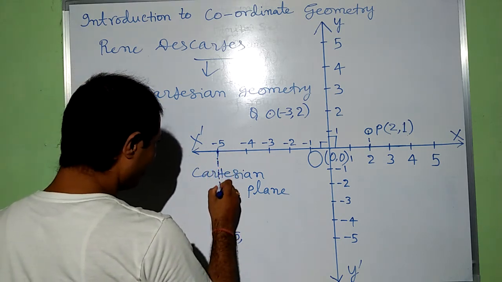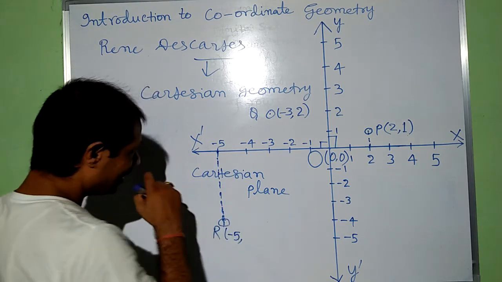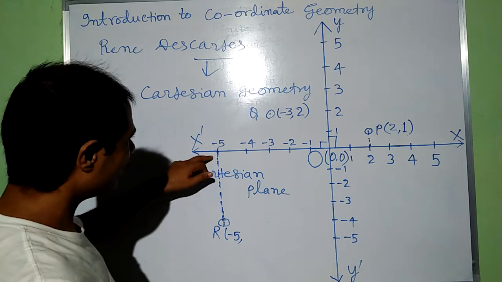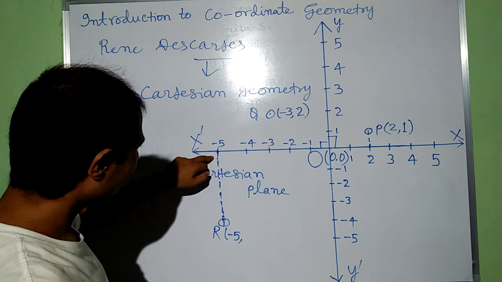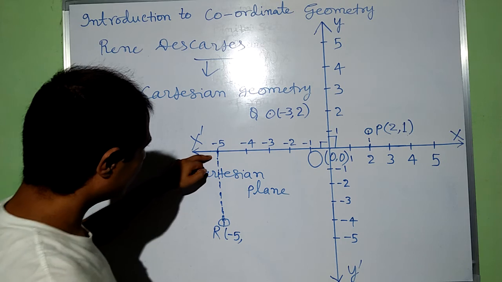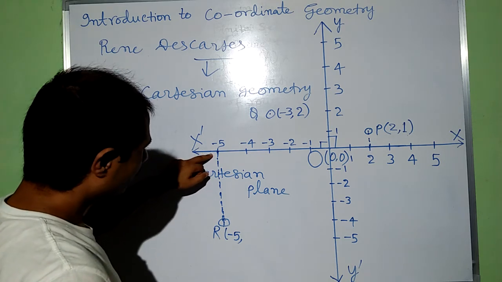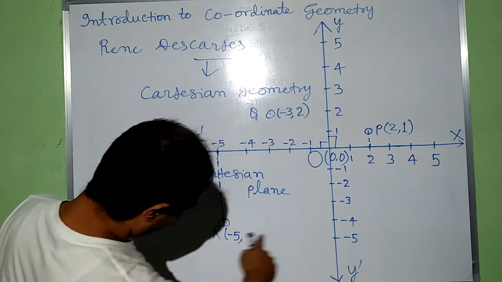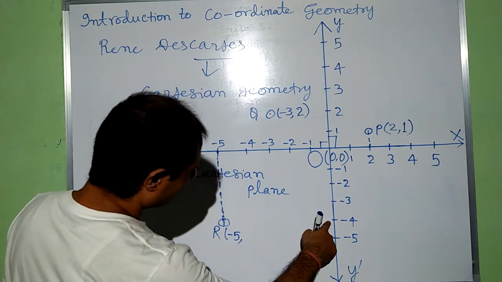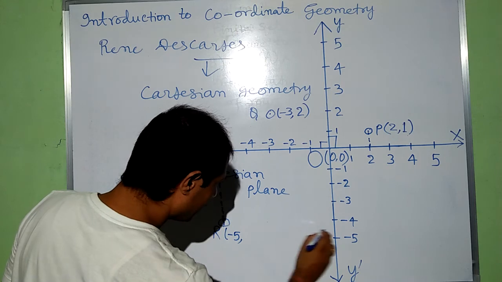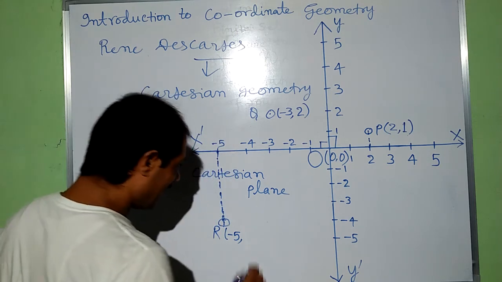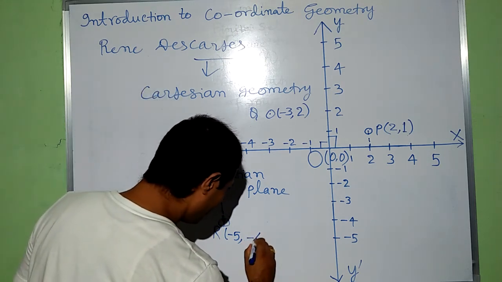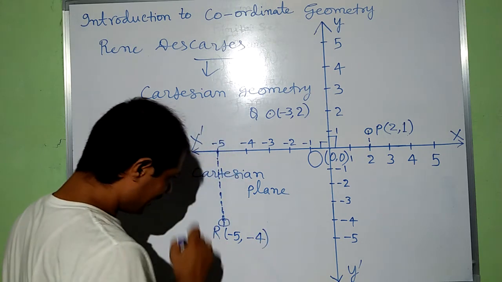Its perpendicular distance from the x-axis is 4, and this is in the negative direction, so it will be -4.